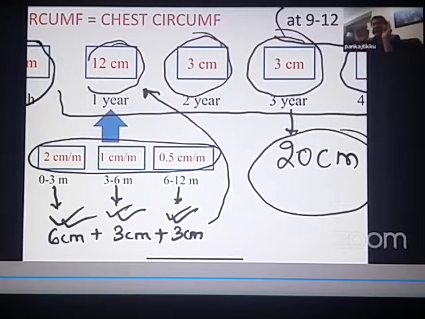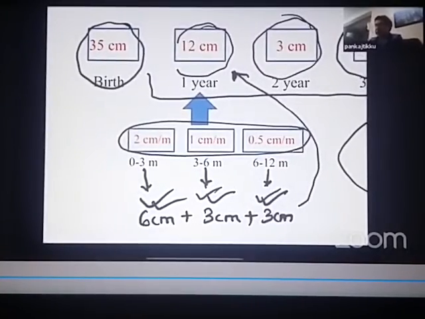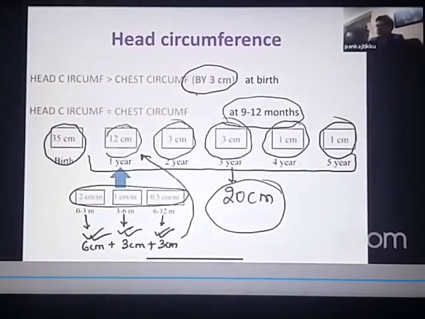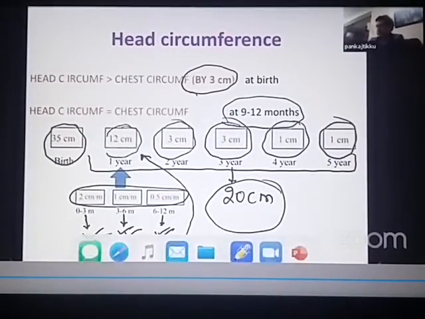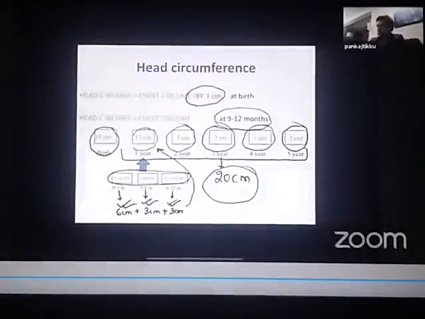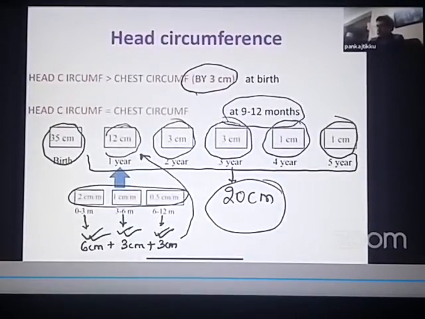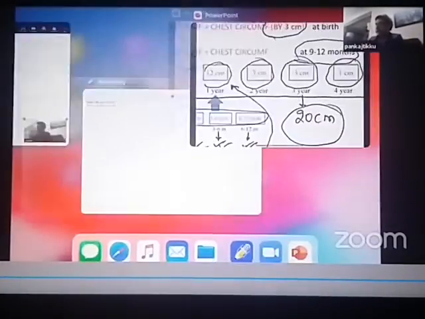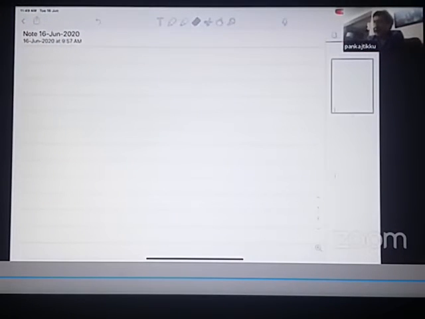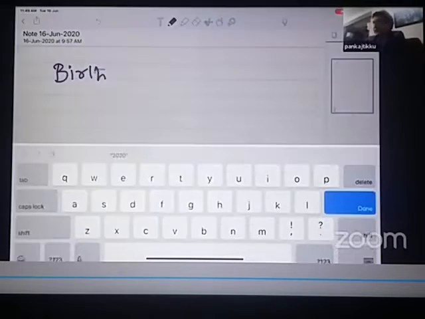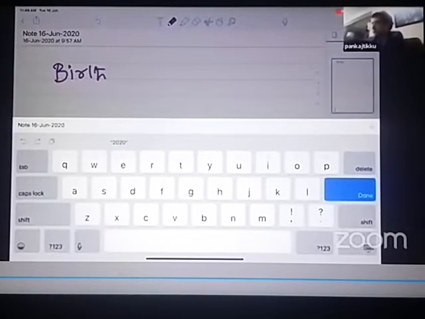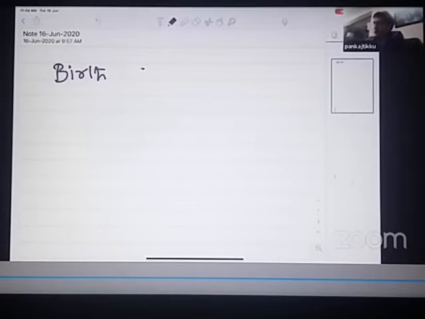So the important thing that you need to remember, I am again focusing. Just see this, at birth, the head circumference was 35 centimeters.